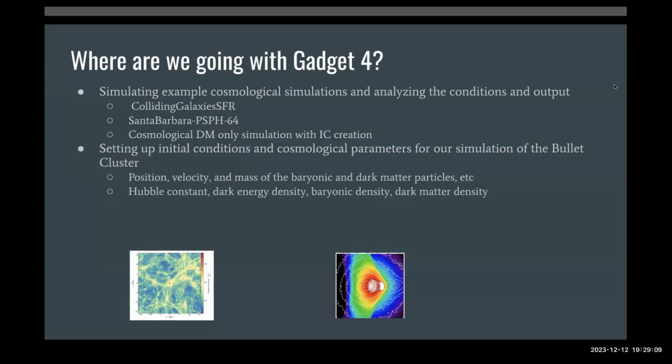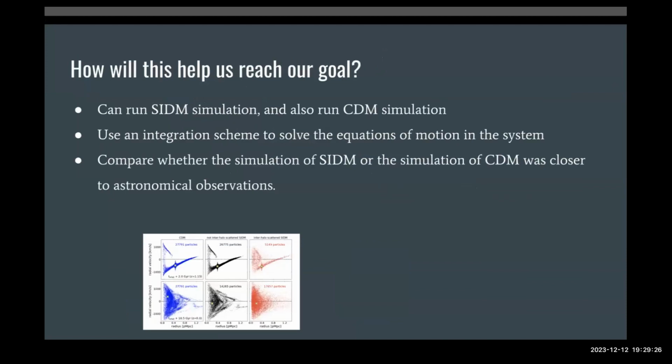Using this knowledge of cosmological simulation and condition with the help of Gadget 4 will help to set up the initial condition and cosmological parameters such as position, velocity, Hubble constant, dark energy, and more to run the simulation of the bullet cluster.